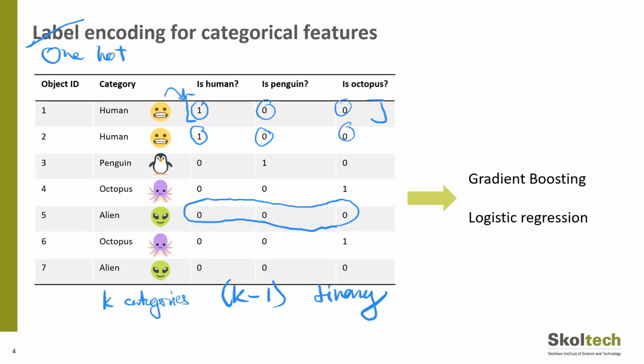Take into account that it requires a lot of memory, because we can have many categories, like 100, 200, and so on. You can imagine that we have a word associated with each object in our training sample.